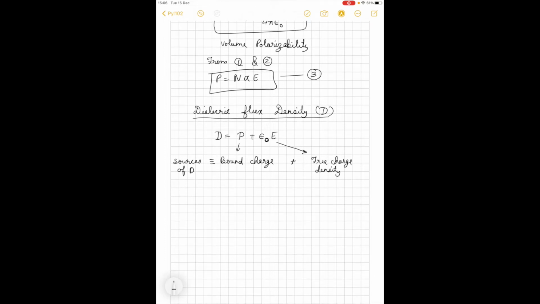I can write down this D is equal to epsilon times E. This D you also know from electrodynamics. It's called the dielectric displacement.